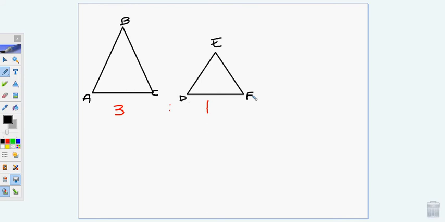Let's say that AB is equal to 15, and that BC is equal to 12, and that AC is equal to 6. This isn't a right triangle, so we don't have to follow all those weird right triangle rules.